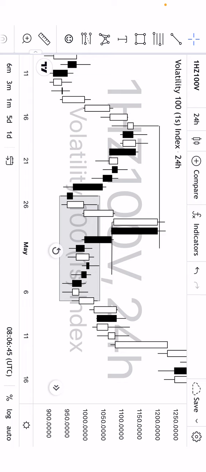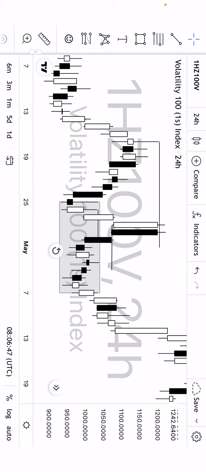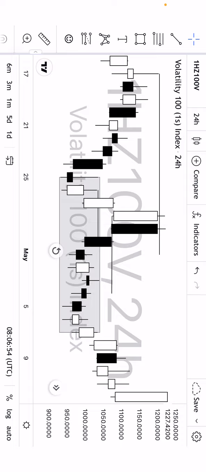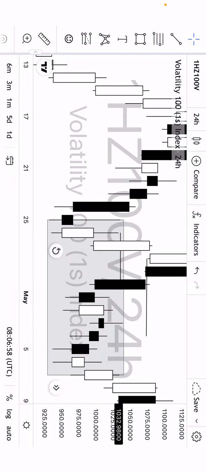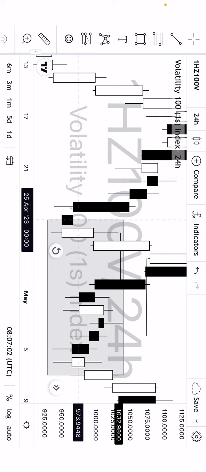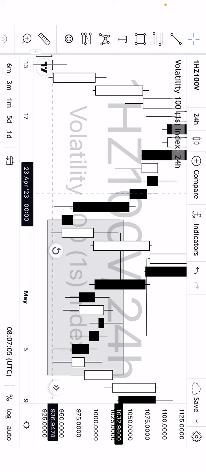Now, did this particular candle take out liquidity? You can see on the 24 hours time frame, which is the daily time frame, we took out our previous low. This previous low was taken out.